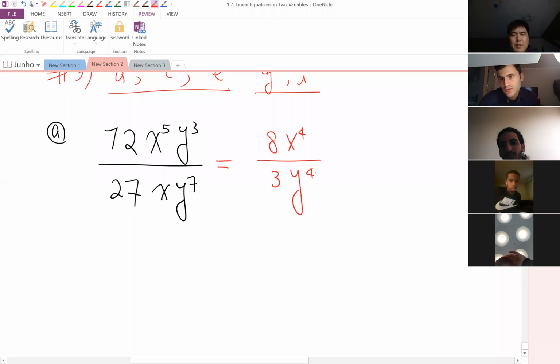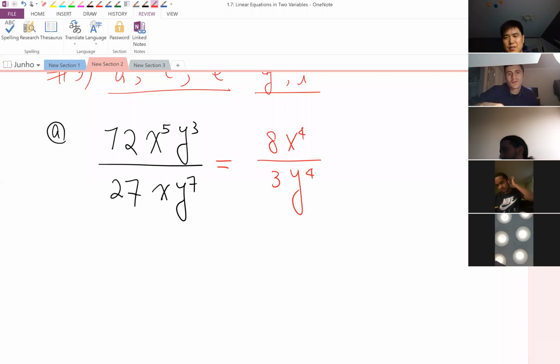Okay, so what do you think? Is it the correct answer, or do you have a different answer, or something you don't understand? y cubed divided by y to the seventh equals 1 divided by y to the fourth. And x to the fifth, you can simplify by dividing by x, so it's x squared.